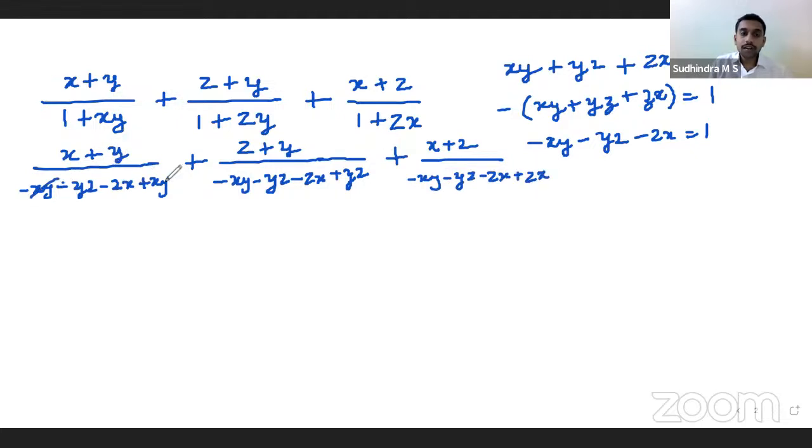So xy minus xy, yz minus yz, zx minus zx gets cancelled. What remains is x plus y divided by, here we have minus yz minus zx.